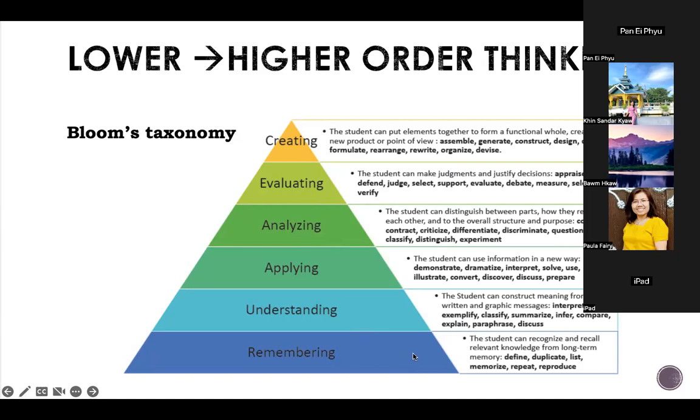In remembering, students can recognize and recall relevant knowledge from long-term memory. Here are some useful verbs that will help you to create challenging tasks: define, duplicate, list, memorize. They are related to the level of remembering.